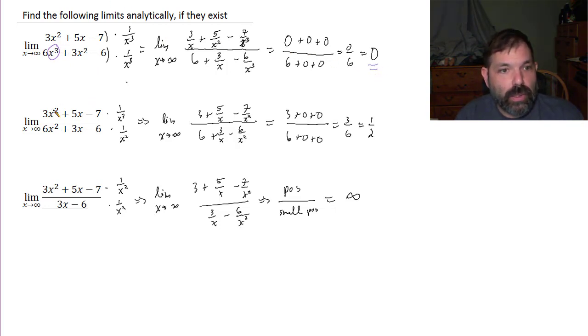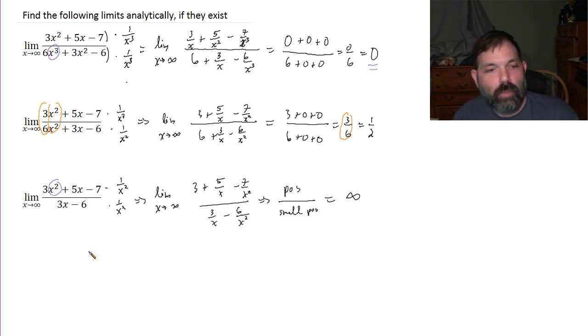If the degrees in the numerator and denominator were equal, then you took the ratio of the lead coefficients, 1/2, as the horizontal asymptote. And if the degree in the numerator was greater, then there wasn't a horizontal asymptote.